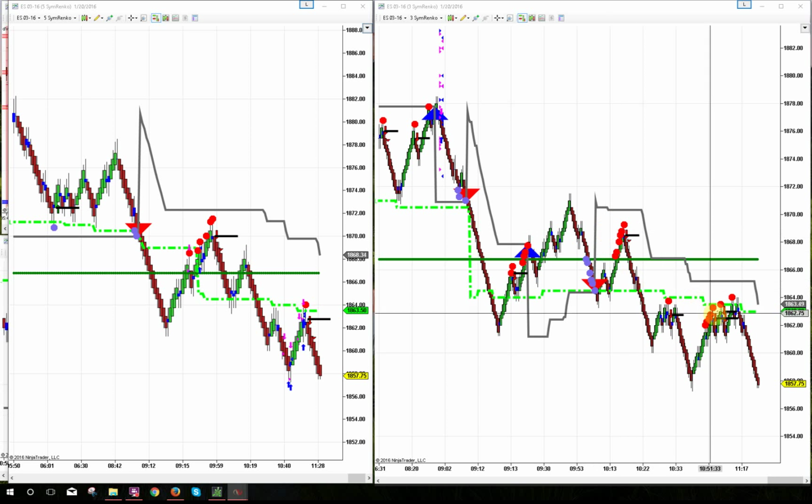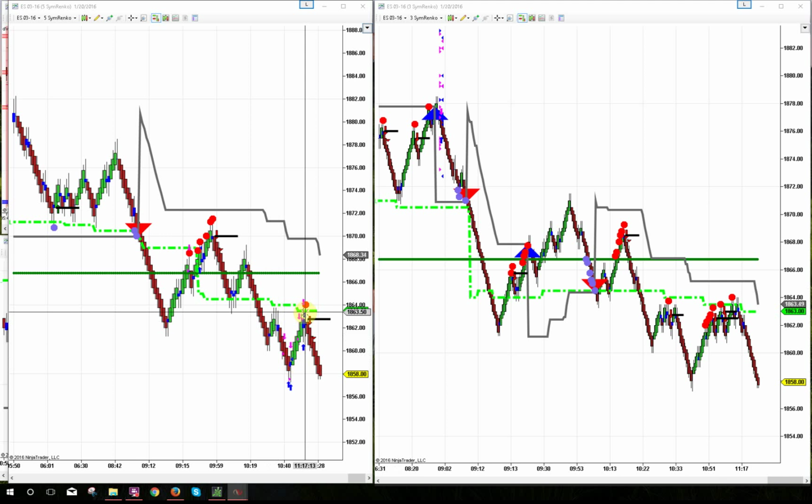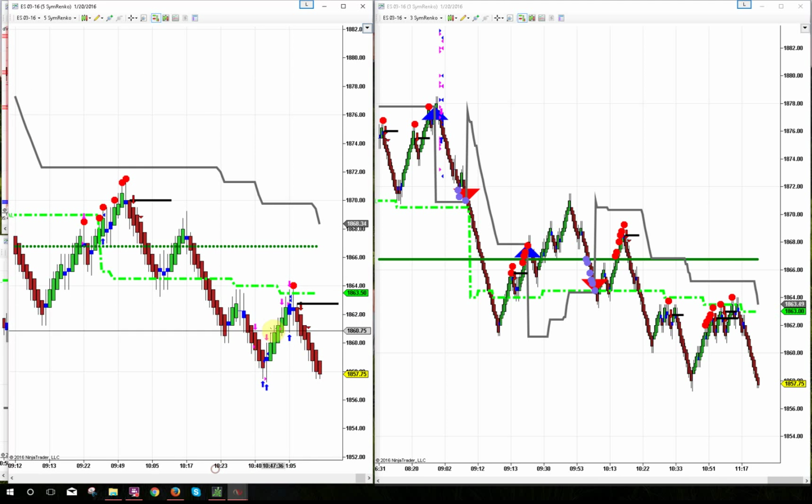Just like what's going on right here, it broke below this low value area, which is this dotted green line over here, came back up, retraced up to this level. Same thing here on the 5 Simrenko, came back up, and look at that. We got a sell signal here, and we also have a sell signal here.